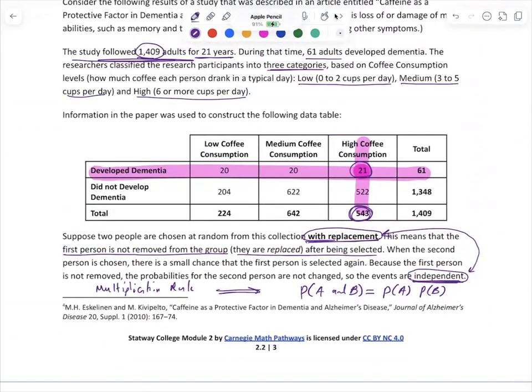What is the probability that a person developed dementia given that the person didn't drink that much coffee? So this is the probability of developing dementia given that they were in a low coffee consumption group.